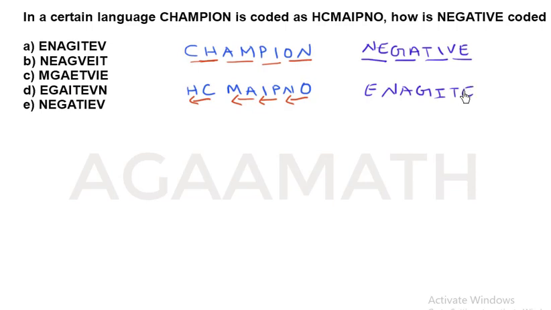VE means EV. So ENAGITEV. So we have it in the first option. As it begins with the letter E, easily we can say there are only two options, but EN we want. With EN there is no other option except the first. So without finding the remaining also, we can say the first option is the right answer.